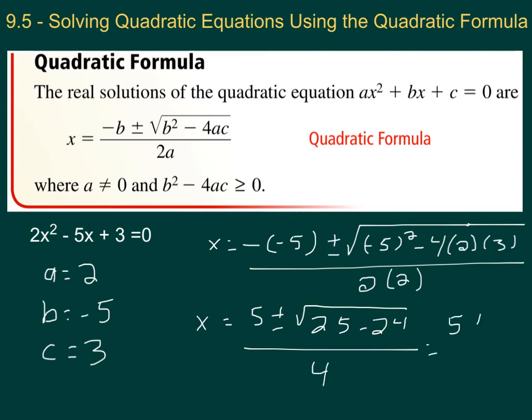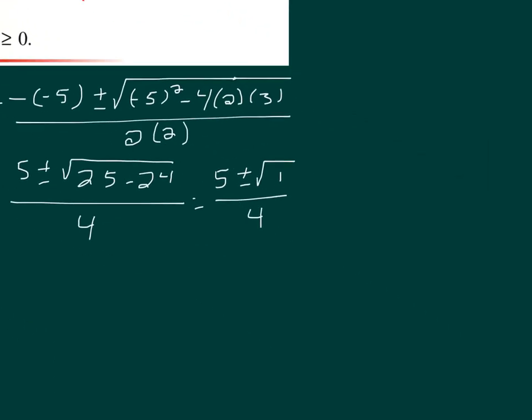Now my square root becomes 25 minus 24, which is the square root of 1, over 4. And the square root of 1 is just 1, so I have negative 5 plus or minus 1 over 4.